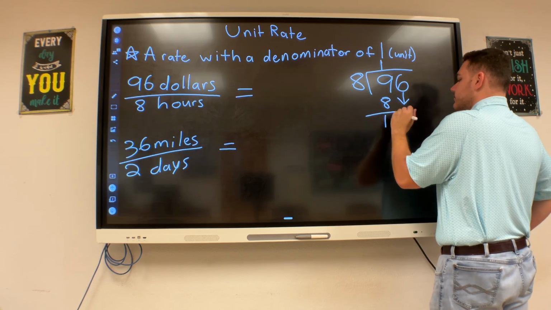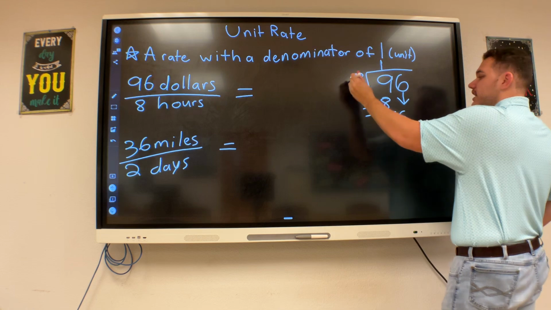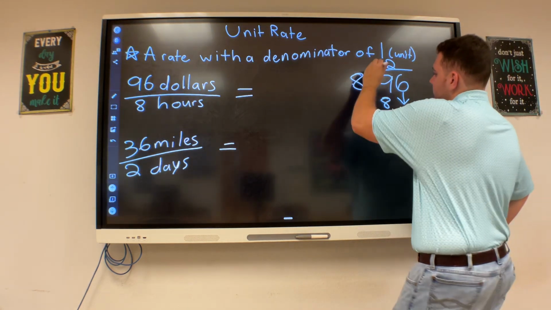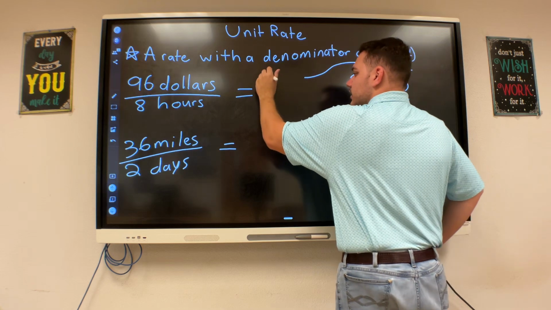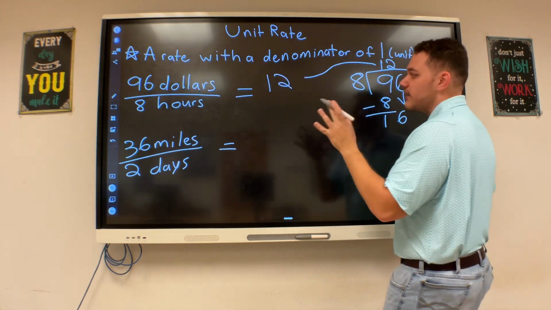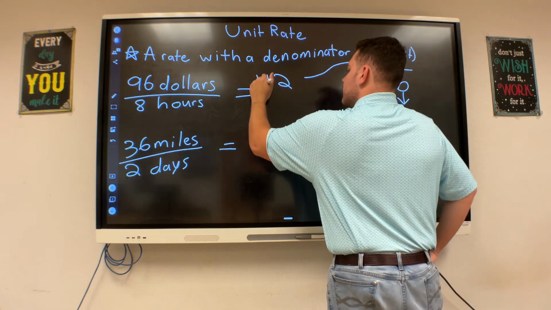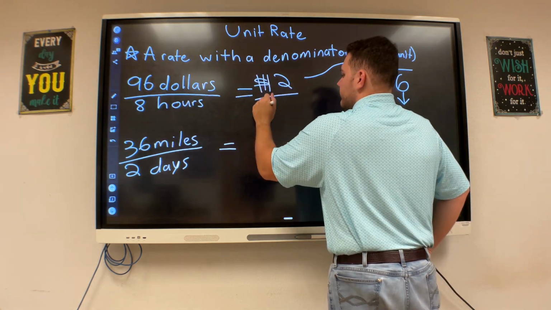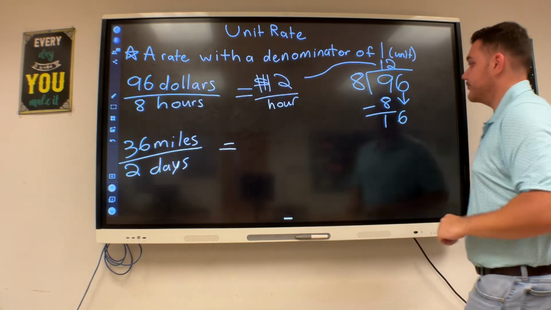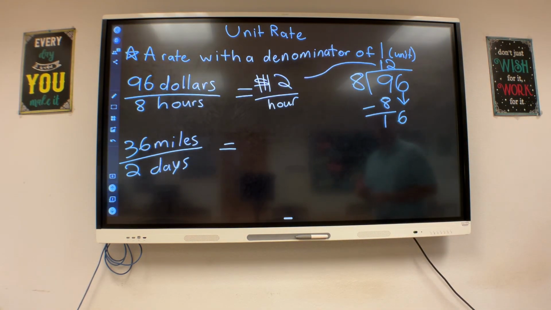And we'll bring the 6 down. Now 8 will go into 16 twice. And so we bring this 12 over. And so if we're making $96 in an entire 8-hour workday, then we're making $12 every hour we're at work. So you would just divide your top number by your bottom number.